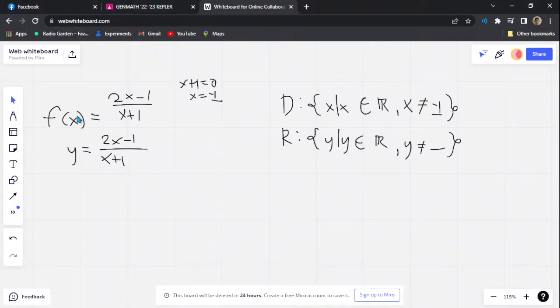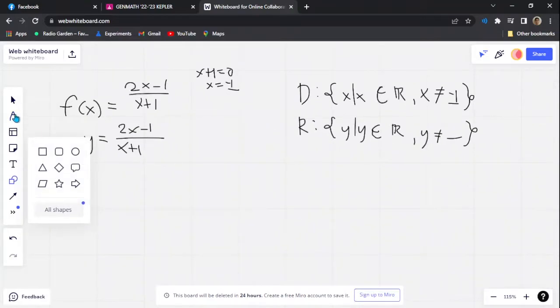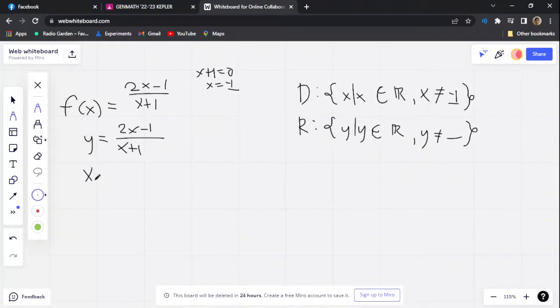After changing f of x to y, atong buhaton is ibali ang variables. I-change na nato atong variables. So, instead of y, mahimo na siyang x. And then, instead of x, mahimo na siyang y. So, x is equals to 2y minus 1 over y plus 1.